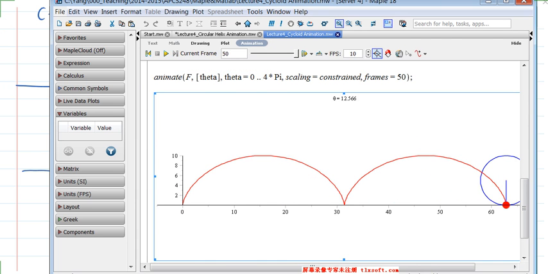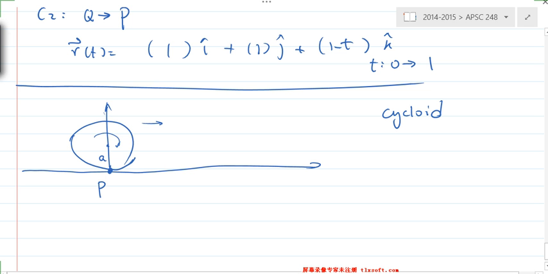That curve is called a cycloid. Cycloid has many applications in mechanical design, for example in gears, the tooth profile, and some other neat things.